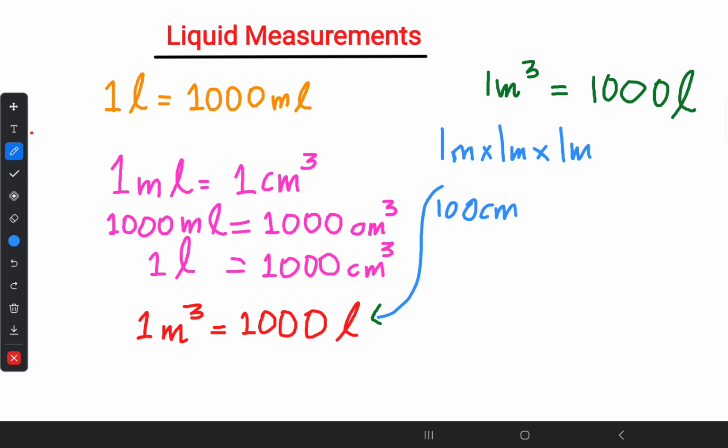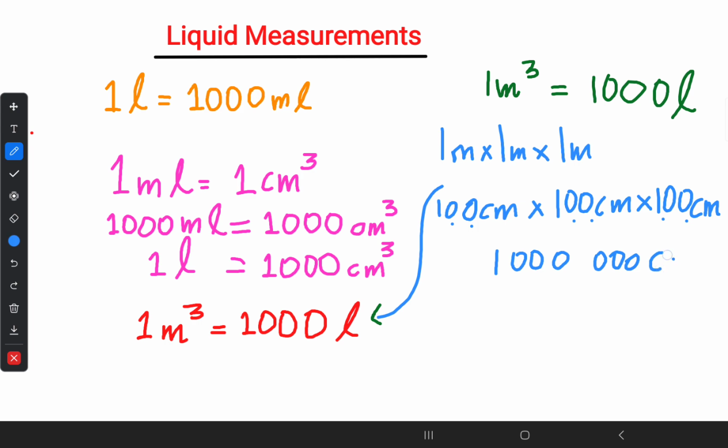Instead of 1 meter, I am writing 100 centimeters, multiplied by another 100 centimeters, and another 100 centimeters. Now we will multiply all of them. 100 times 100 times 100. So it should be 1, 2, 3, 4, 5, 6 zeros. And 1 times 1 times 1 is 1 cubic centimeter.